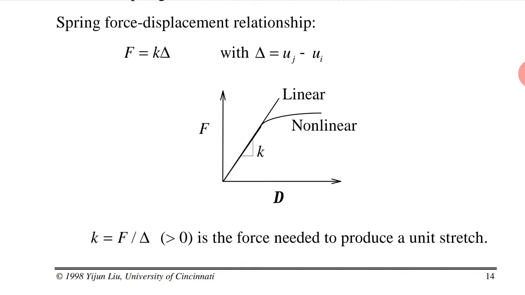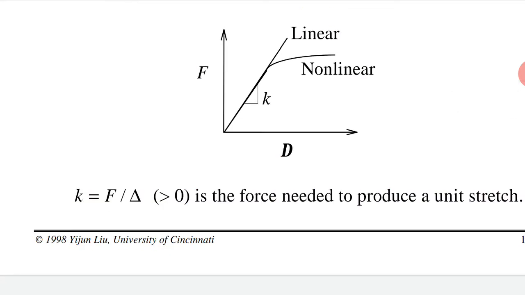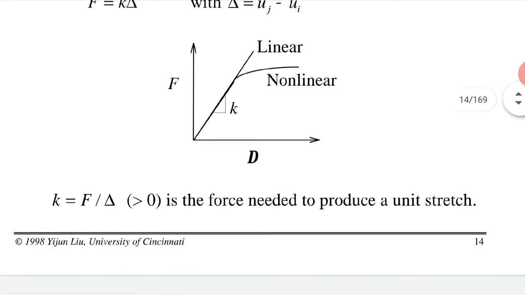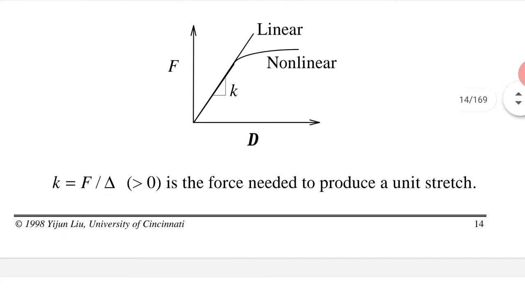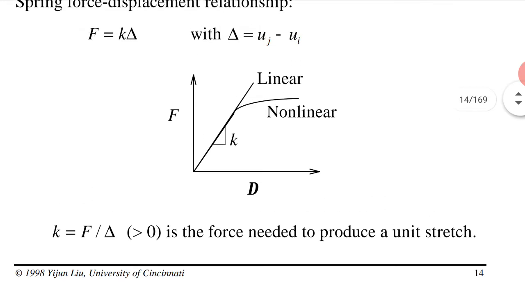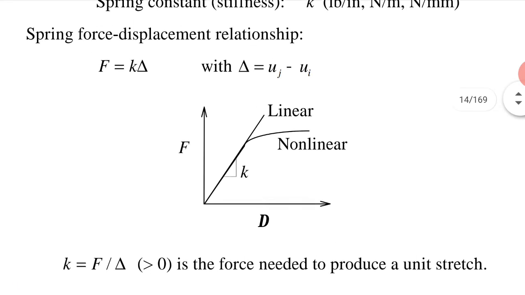The displacement is given as uj minus ui, and if we have a look at this stress strain curve, we can get the stiffness for this spring, because a spring has considerable stiffness, and we have k equal to F by delta, that is force upon deflection, which is greater than 0, the force needed to produce a unit stretch.